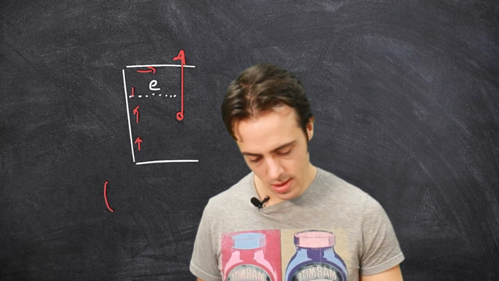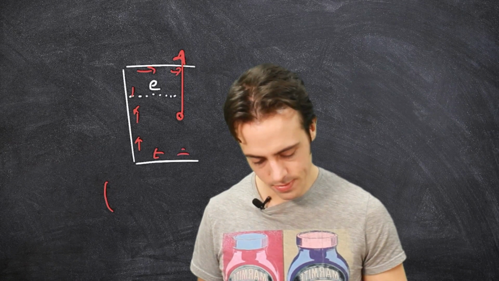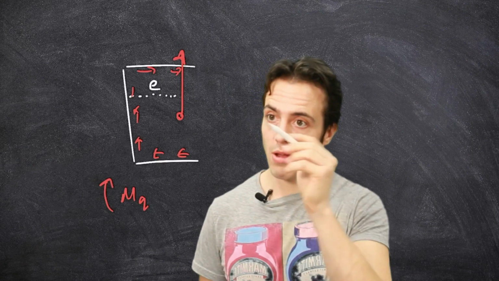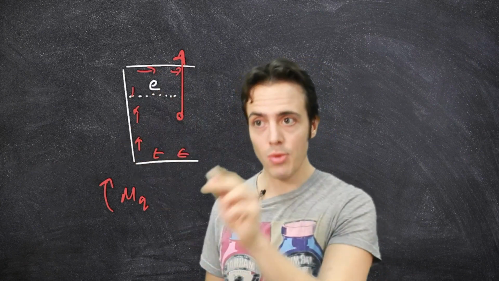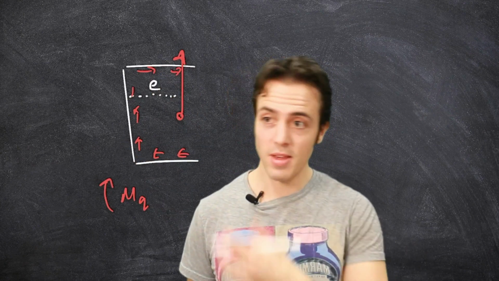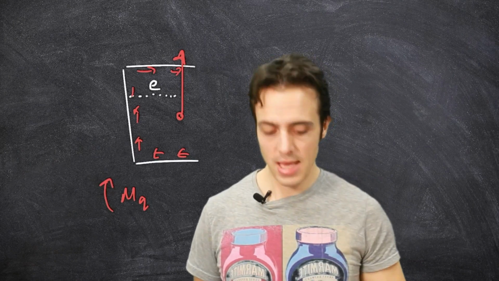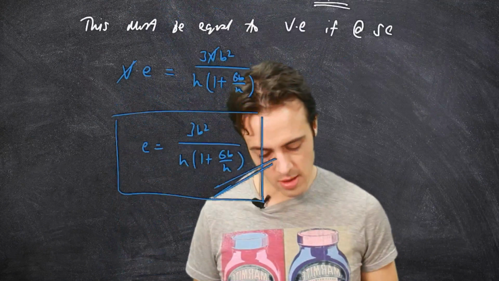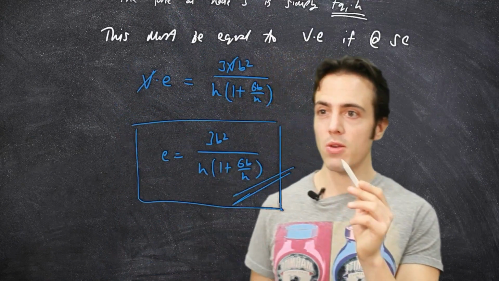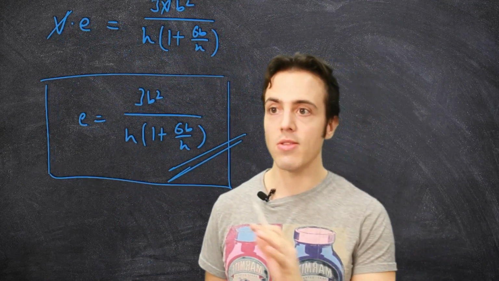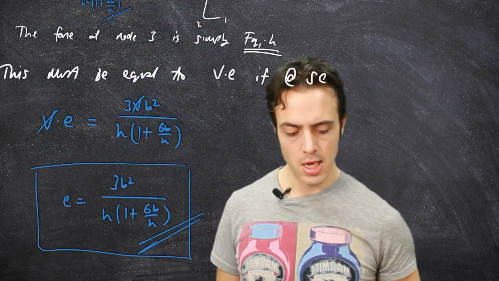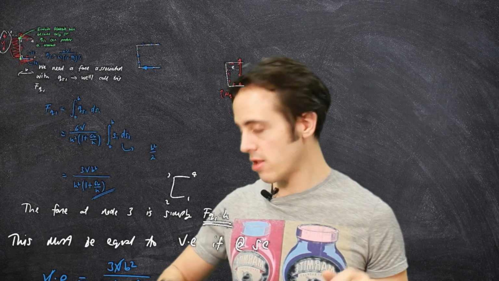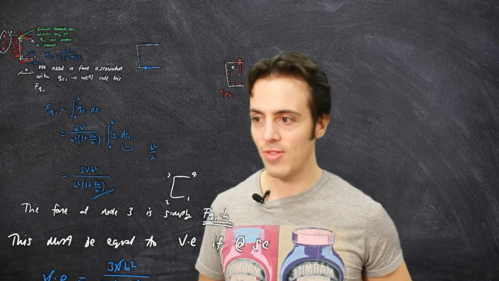So we'd have arrows here and arrows here. So MQ would be clockwise, whereas actually the moment because of this would be counterclockwise. So then we'd end up with the exact same thing. E would then be equal to this expression, but we'd have a minus sign here. And that's just because of the way that we've defined this distance in this problem. Okay, so if you choose the wrong side of whatever you're looking at for your definition, then you'll get a negative number out the end.